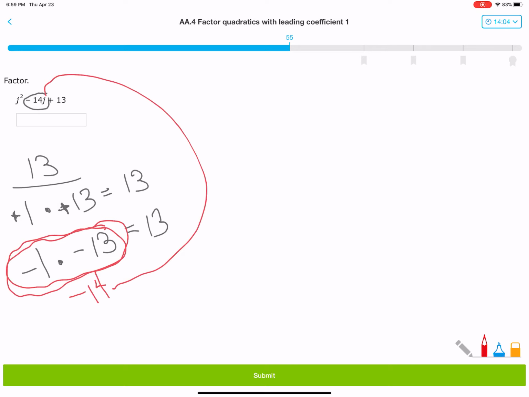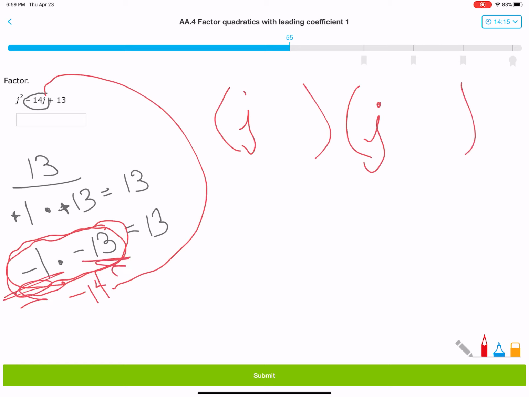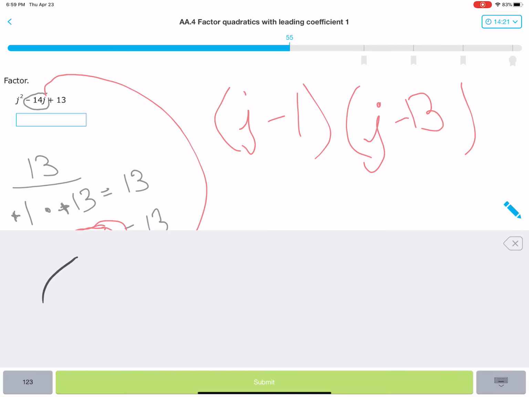Okay, so there's a j squared in the front, so I know that's just going to stay j and j. And here it's saying minus 1, minus 13. J minus 1, j minus 13.